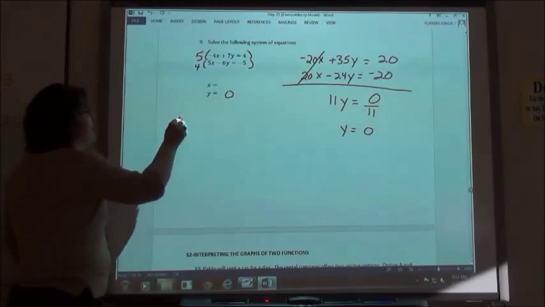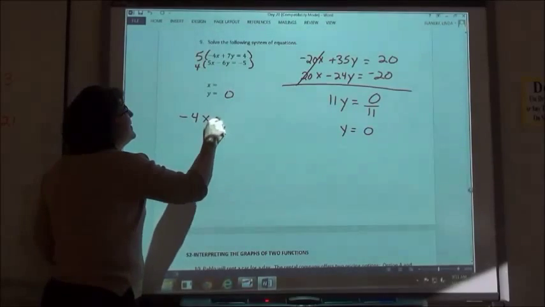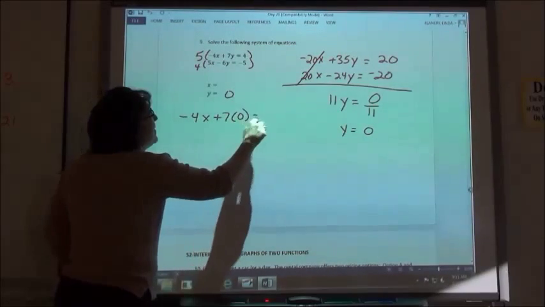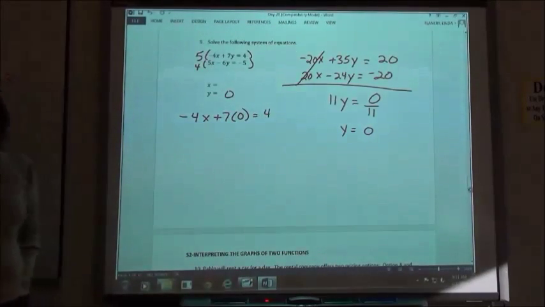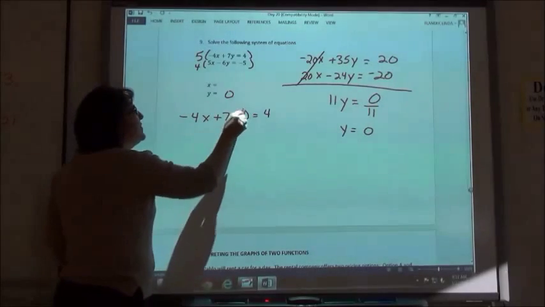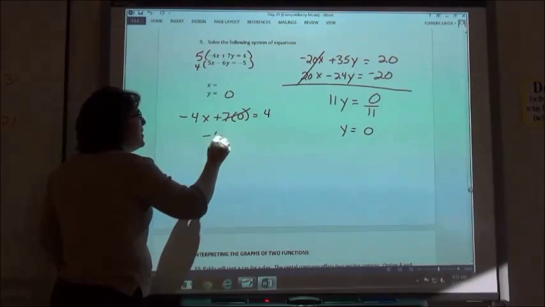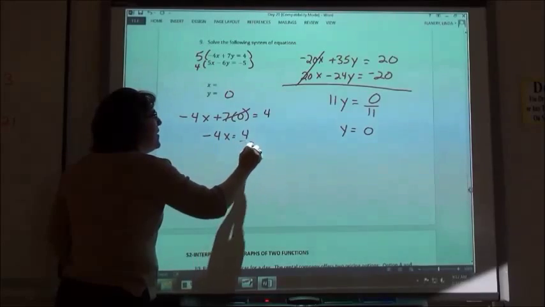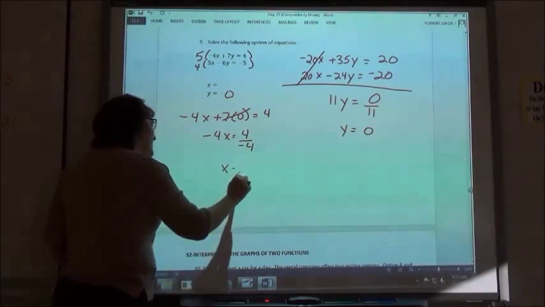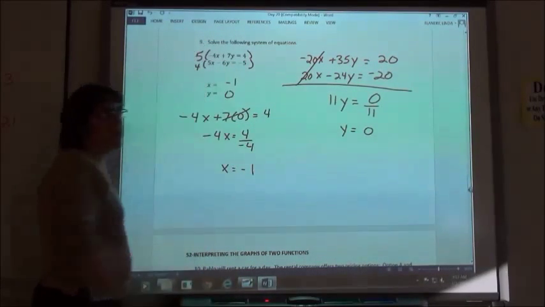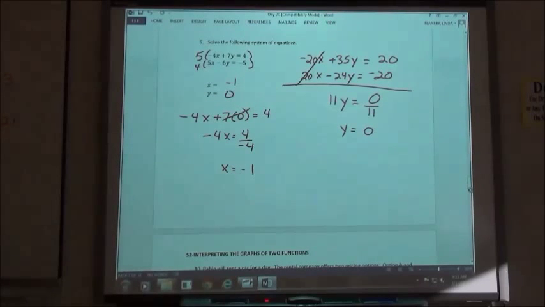I'm going to have -4x plus 7 times 0 equals 4. Then I've got to solve that. So 7 times 0 is 0, so -4x equals 4. And then I divide. And Kenyon said, oh, yep, it's -1. So x is -1 and y is 0.